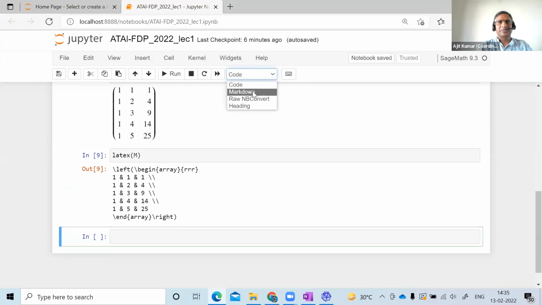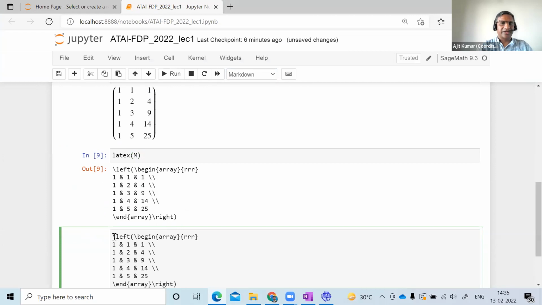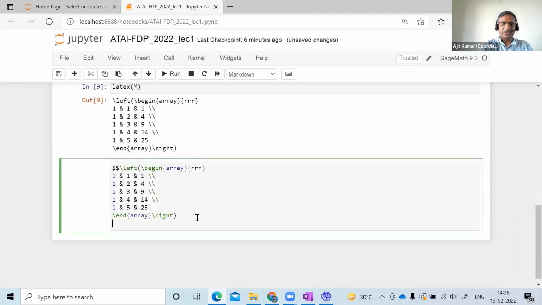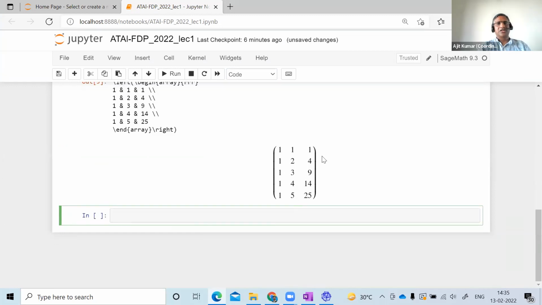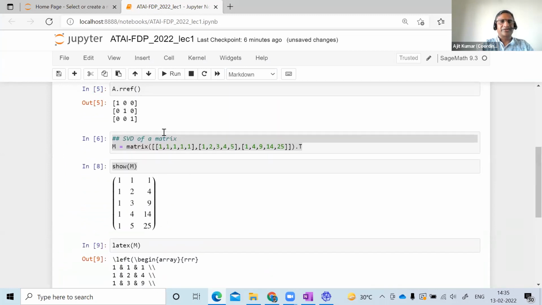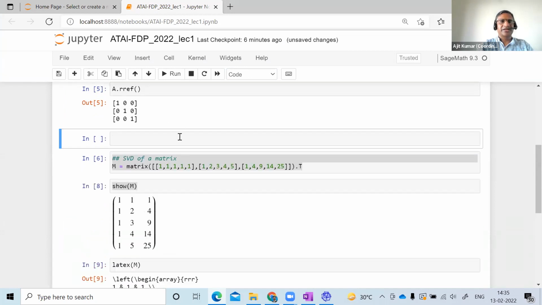We have seen this in Python. If I make this markdown and type inside dollar signs, those who know LaTeX will understand, it will render exactly. So I can start with this at the beginning itself. Let me put a cell here and convert it into markdown.